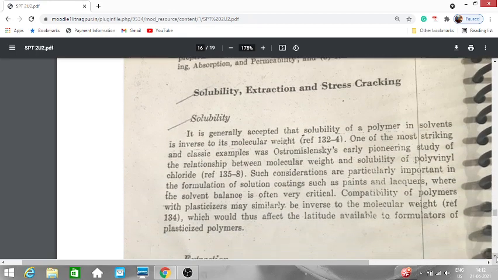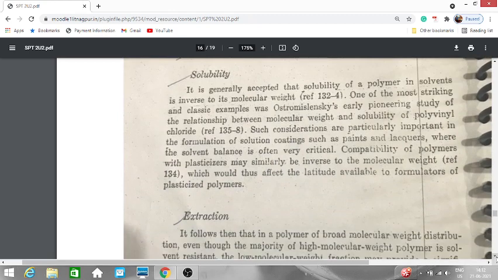Solubility. It is generally accepted that solubility of a polymer in a solvent is inverse to the molecular weight. One of the most striking and classic examples is Ostromyslensky's early pioneering studies of the relationship between molecular weight and solubility of polyvinyl chloride.